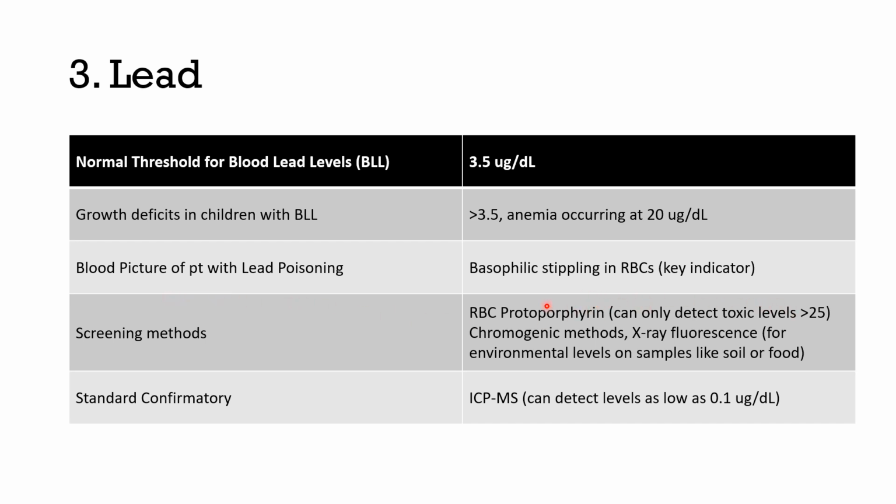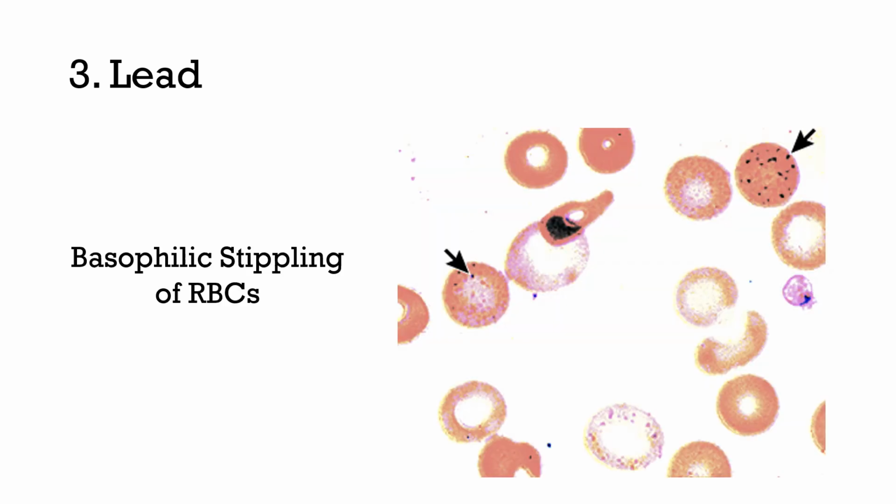Sa Tonghima, there is basophilic stippling in the RBCs, which is a key indicator of lead poisoning. Screening methods for your lead, we have RBC protoporphyrin, chromogenic methods, X-ray fluorescence, and the standard confirmatory is through ICP-MS, which can detect levels as low as 0.1 microgram per DL. Okay, so we can see here, kaning mga basophilic stippling of RBCs.